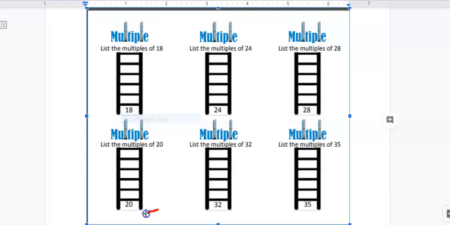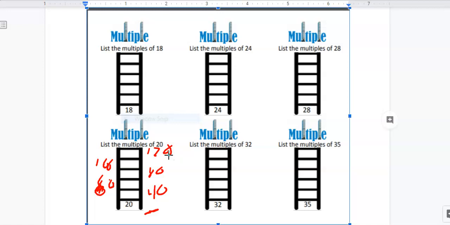So the first one here is showing us that 20 multiplied by 1 is 20, and then 20 multiplied by 2 is going to be 40, and then 20 multiplied by 3 is 60, right? 20 multiplied by, that's a bad 6, sorry, 20 multiplied by 4 is 80. 20 multiplied by 5 is 100, and then 20 multiplied by 6 is 120. See how they went up by 20 each time.